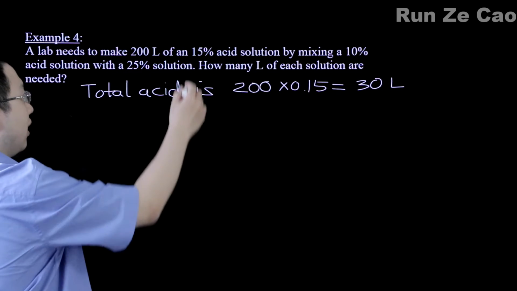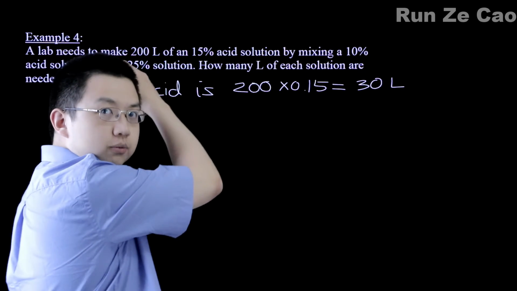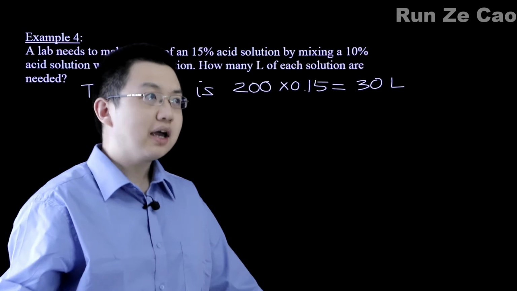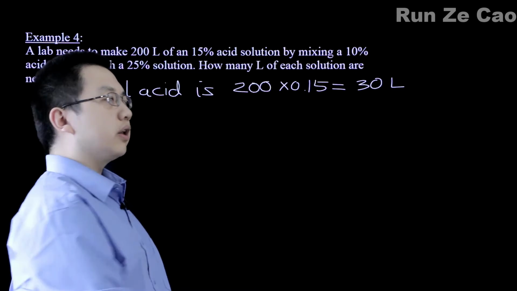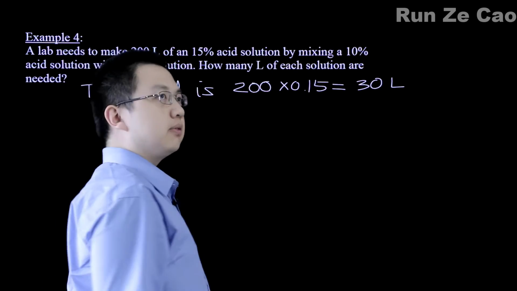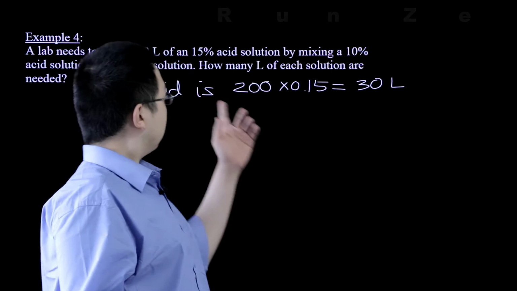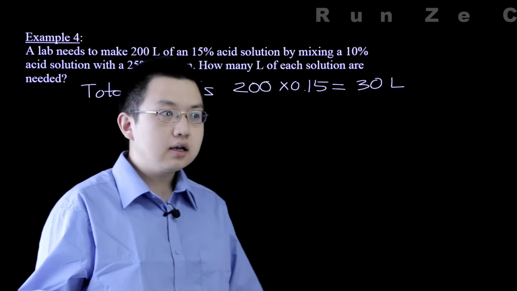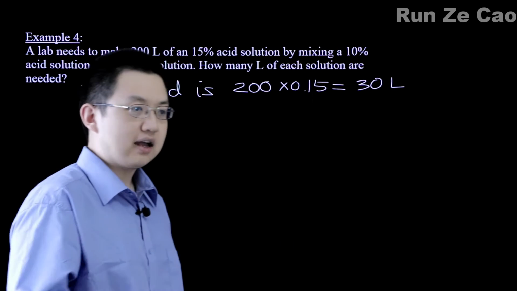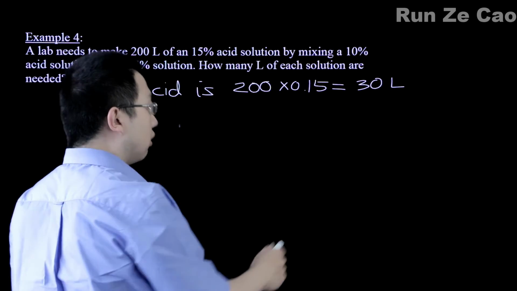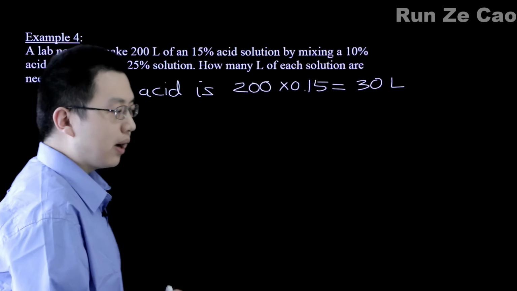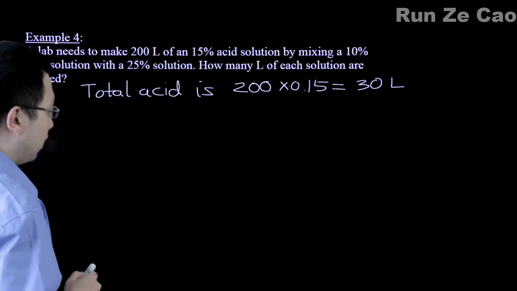Why? Because 15% of the volume of the final solution is acid. Okay, fine. Wait a second. If these are also volume, then 10% of that volume is acid. Okay. And 25% of this volume is acid. Fine. And in the end, we get volumes of acid added together. And that's this. Okay. That is the only way that this can work.